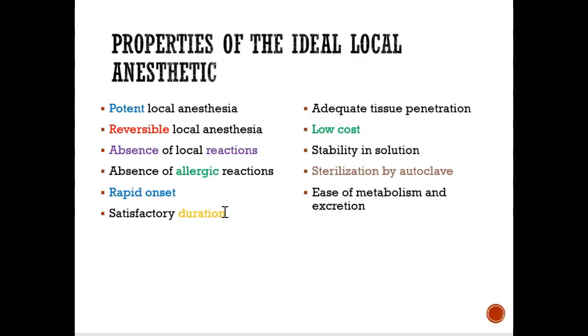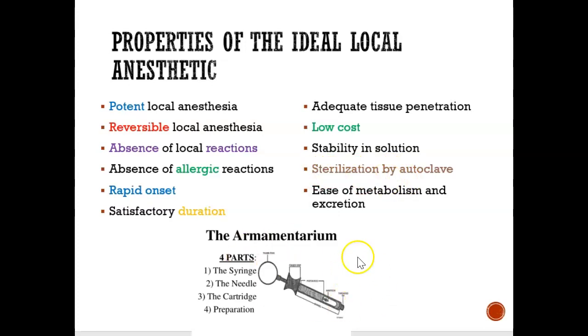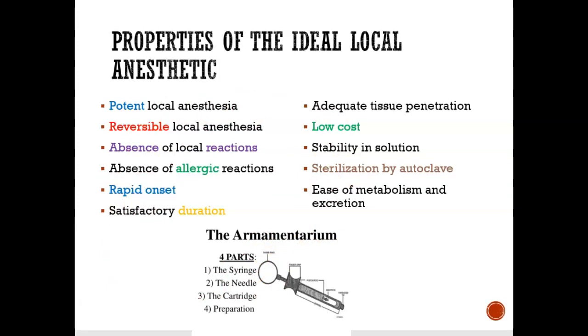Typically, dental work takes maybe half an hour, so you really want to make sure that the duration is at least half an hour. It should be sterilized. So this whole syringe needs to be sterilized by an autoclave.